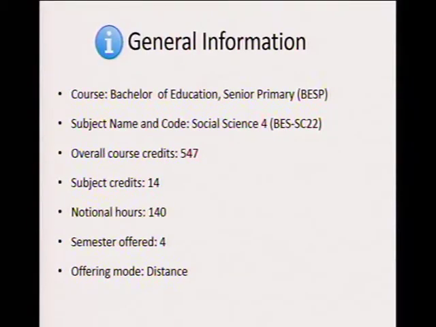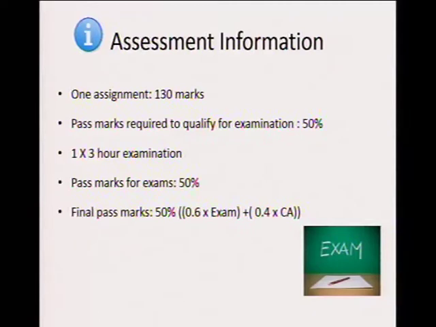As you know, this is at NQF level 6, with a focus on Grade 10 geography and history. So the content of this course gets finer. It's not as general as your previous social science courses.